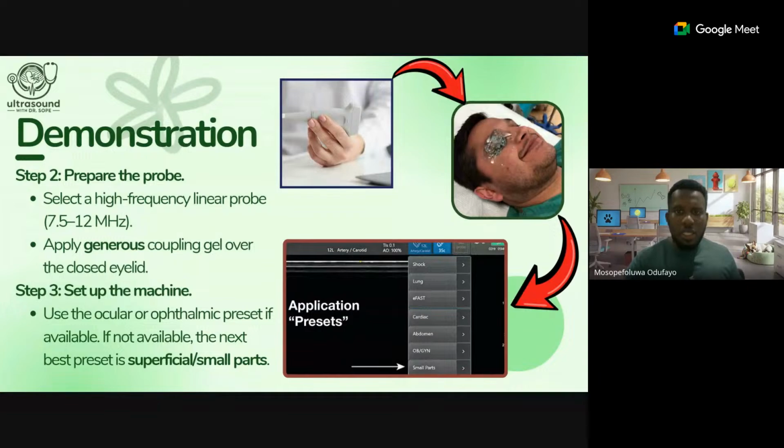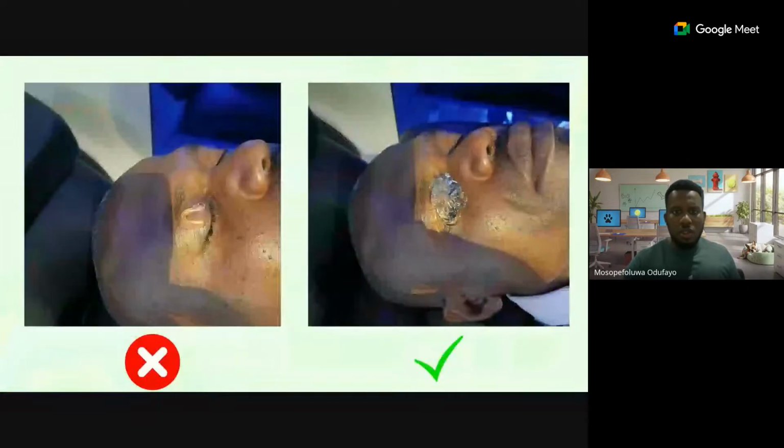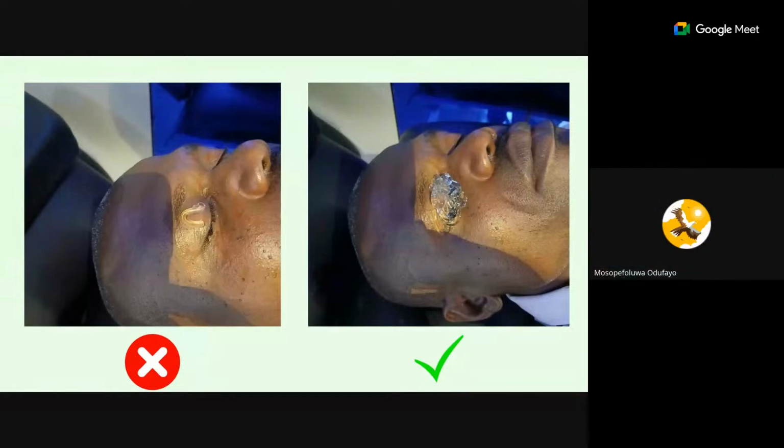So remember, I said generous gel. This is a selfish way to apply gel. You're not going to get so much if you apply gel this way. In this particular patient I'm trying to scan, I'm applying it generously.